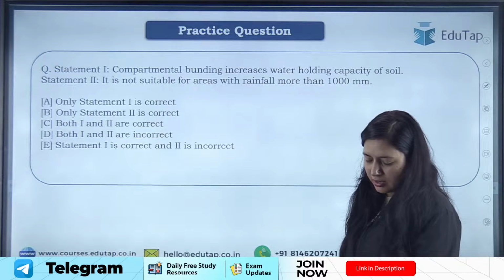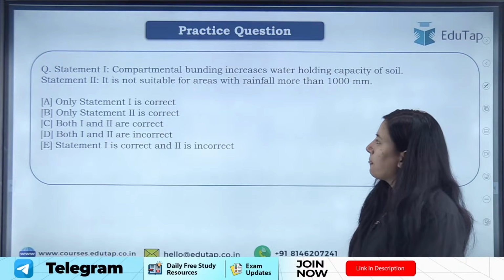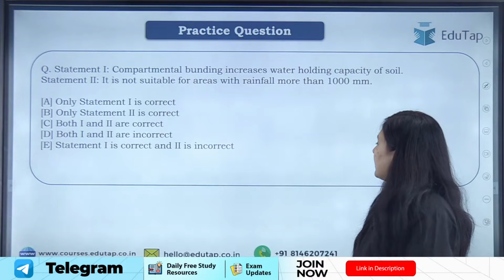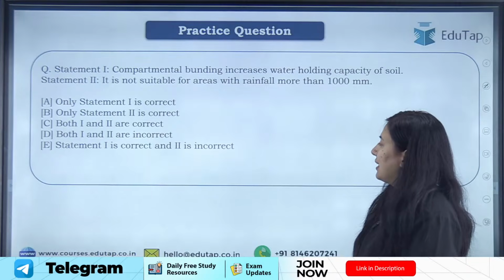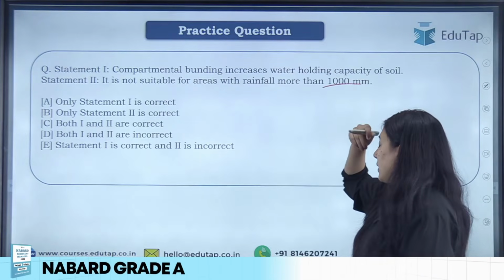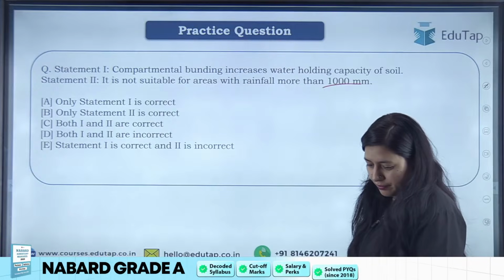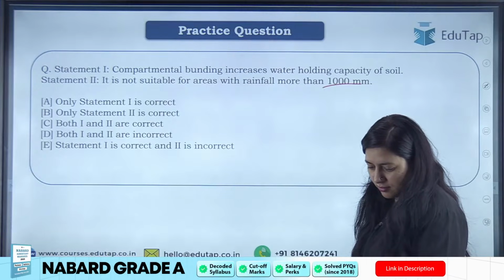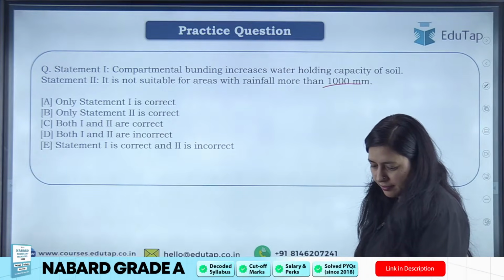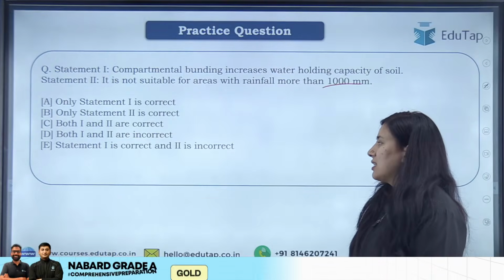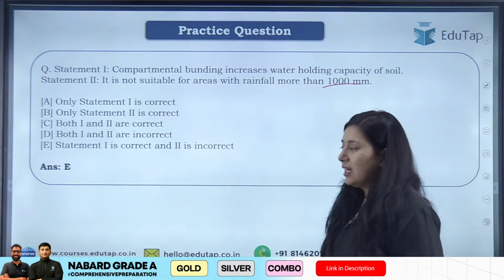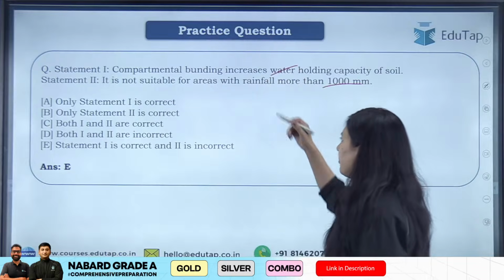Very good. Give me the answer. Compartmental bunding increases water holding capacity, and next is suitable where rainfall is more than 100 mm. So students, right answer for this question will be E. Statement 1 is correct. ठीक है.